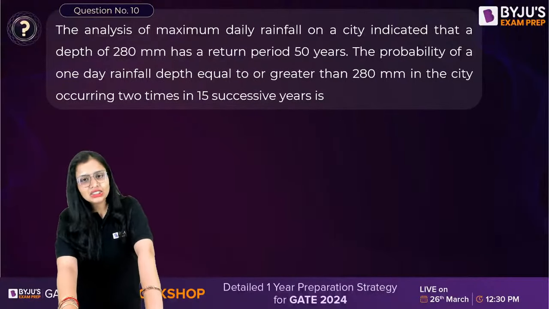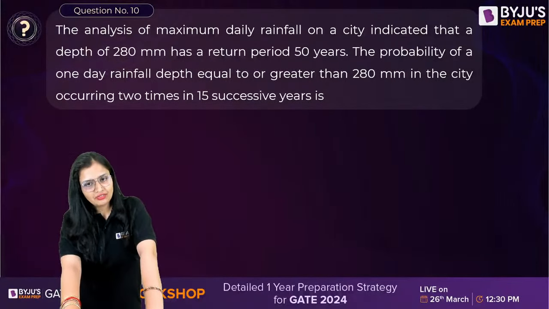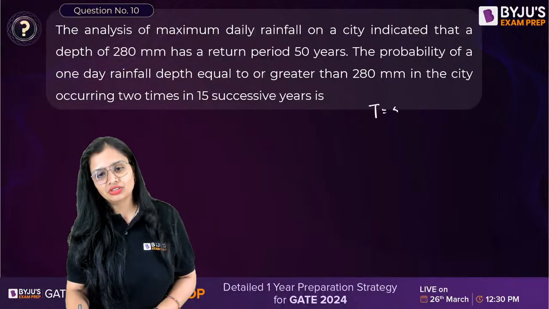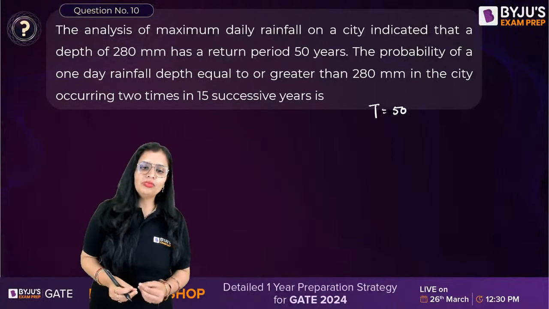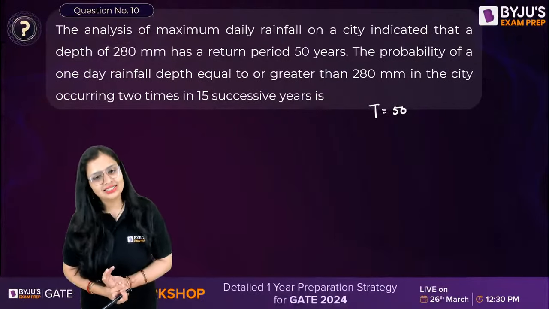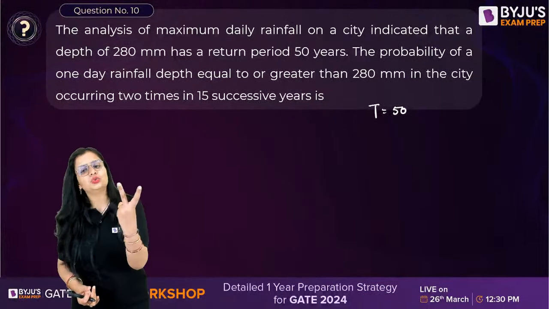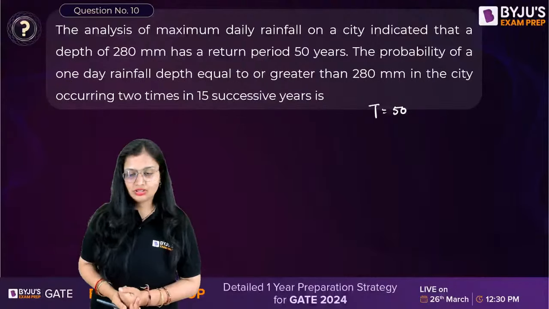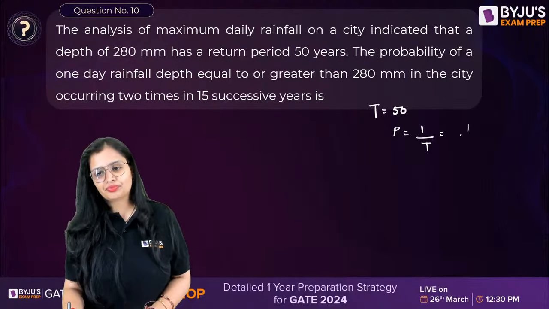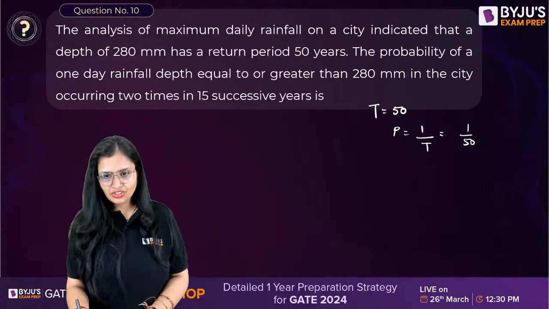Okay. Now, this is very simple. The analysis of maximum daily rainfall in a city indicated that a depth of 280 mm has a return period of 50 years. So what is the probability of a one-day rainfall greater than 280 mm in the city occurring exactly 2 times in 15 years? So what you can say? 1 by T, 1 by 50.